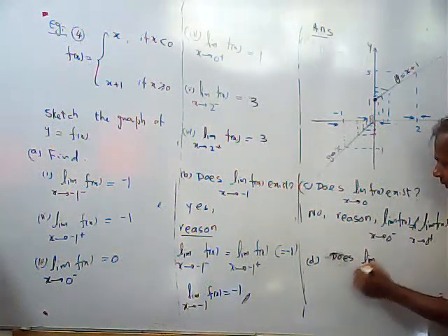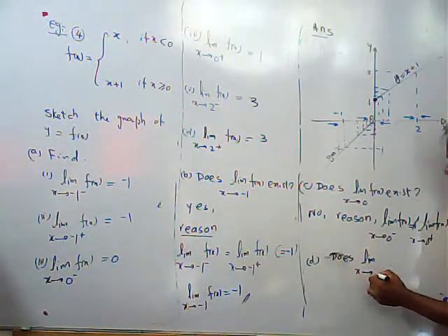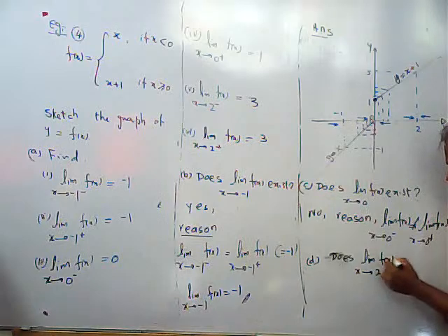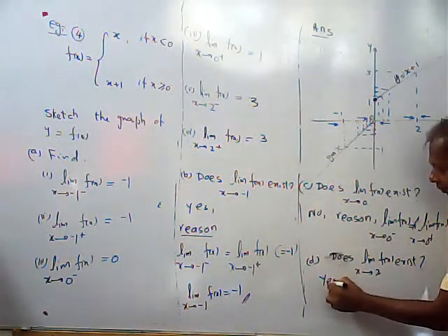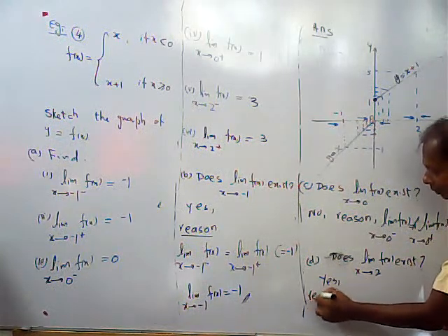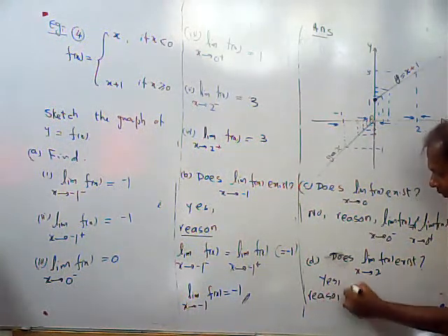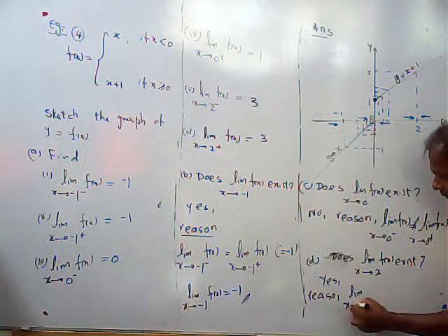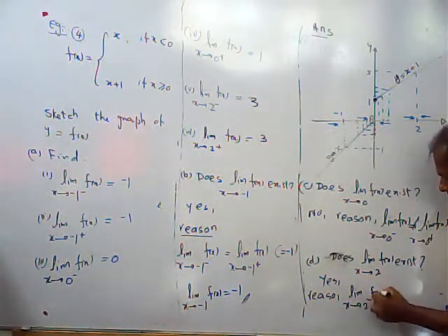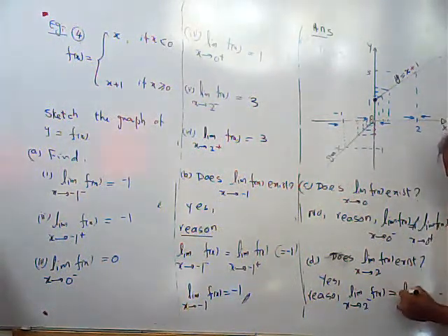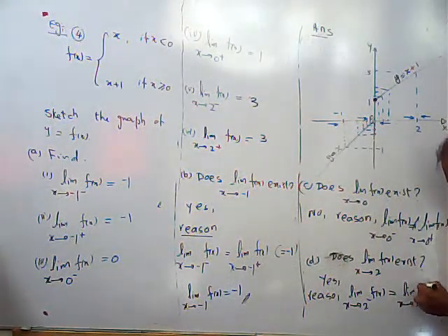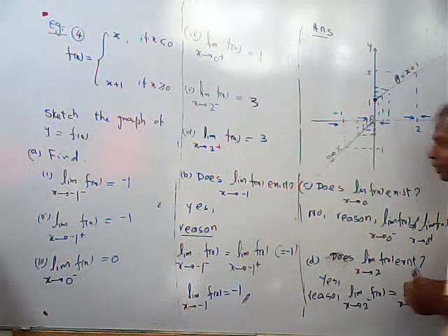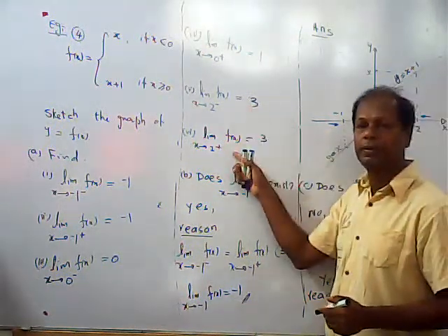This limit exists at 2. Answer is yes. Reason: the left limit at 2 is equal to the right limit at 2. Further, left limit is equal to right limit is equal to 3.